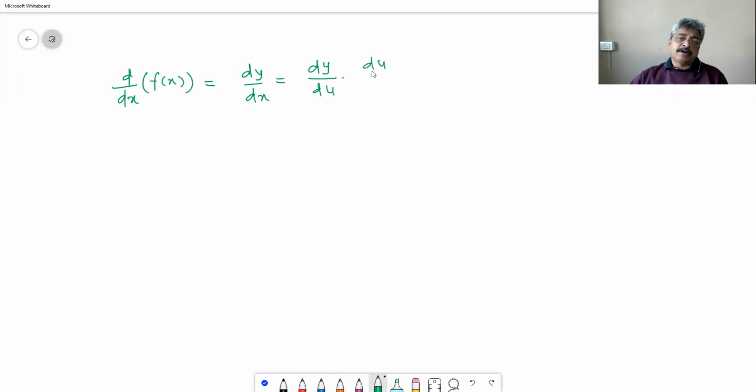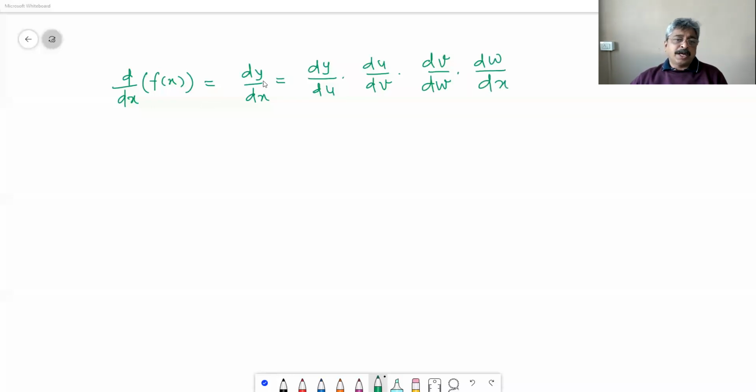U is not a direct function of x, but it could be a function of v. V might not be a direct function of x, but it could be of w. May not be that w is a direct function of x.